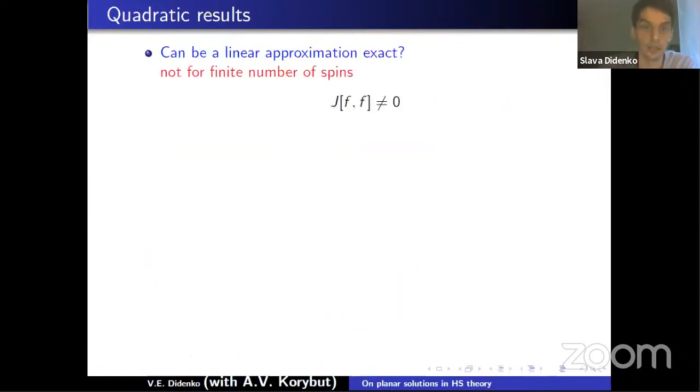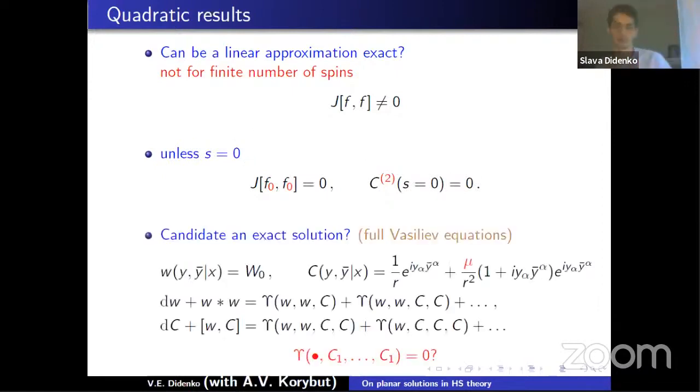Whether the linear approximation is exact, the answer is no for a finite number of spins. For infinite, we're not able to check that. Maybe there are solutions, but for a finite number, this is not the case. And this is unless you consider only a scalar field. And this opens some possibility of an unexpected new solution, which contains only a scalar field propagating on the AdS background.